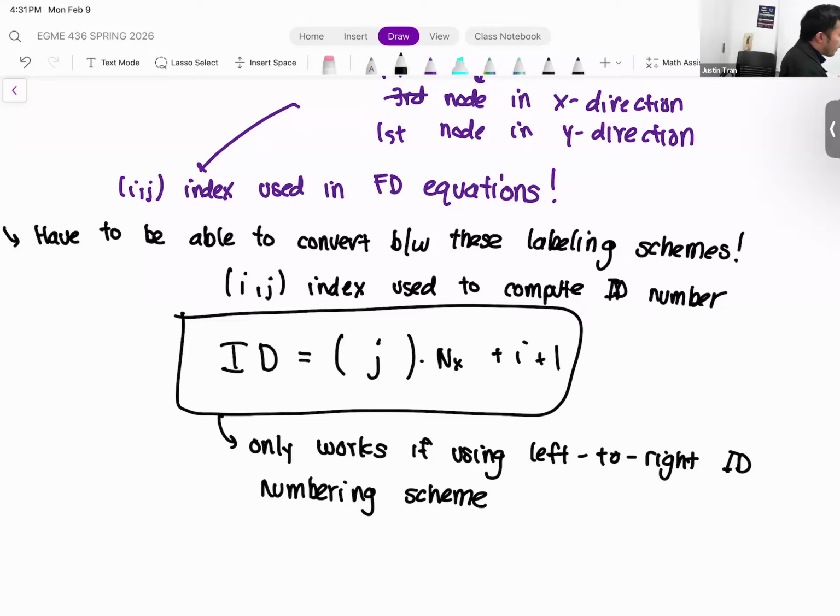Basically, the scheme that I outlined for you before, where you start at the bottom left corner, you start numbering from left to right, and then when you go up to the next row, you go from there. Okay. So using this is very straightforward.